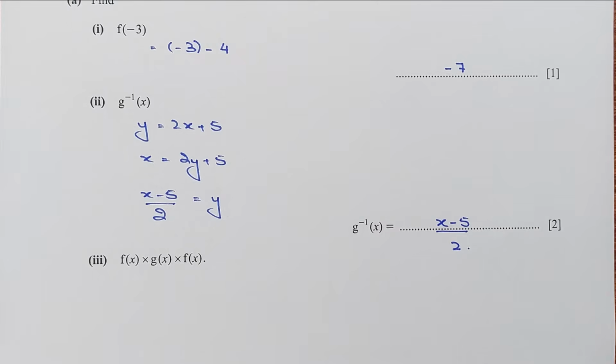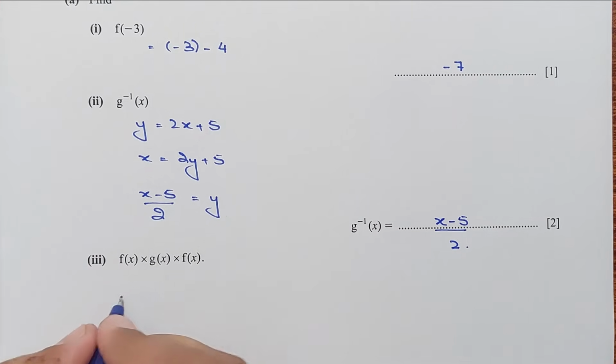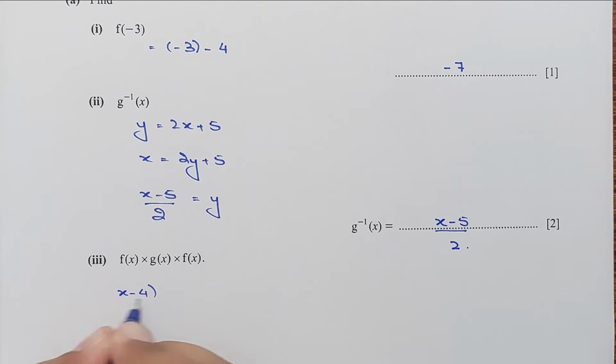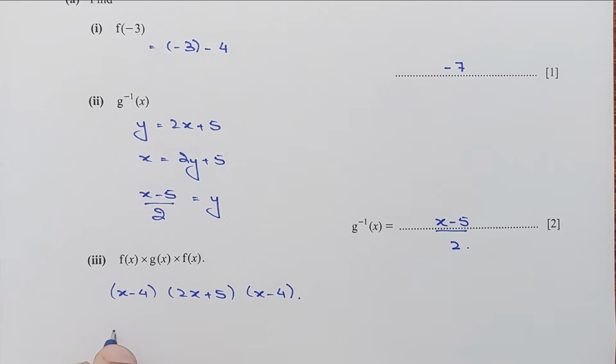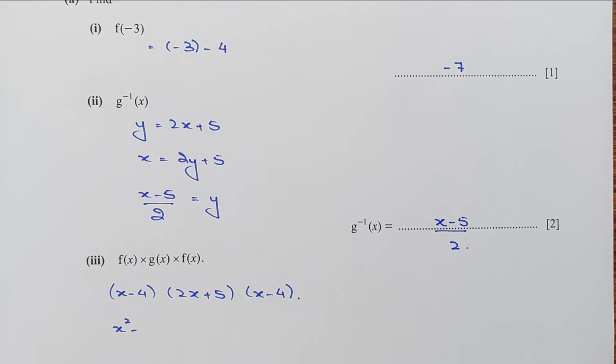Now for part 3, the f of x is x minus 4, into g of x is 2x plus 5, into f of x is x minus 4, right? We have to simplify this. So x minus 4, its whole square. So this is x square minus 8x plus 16.